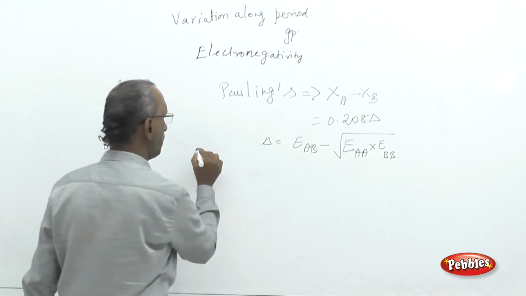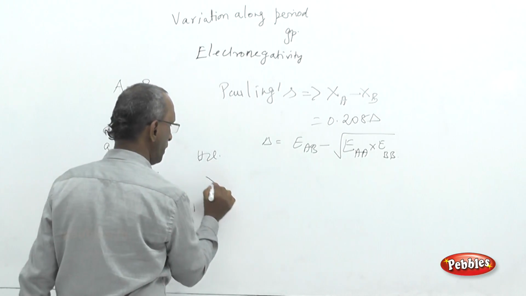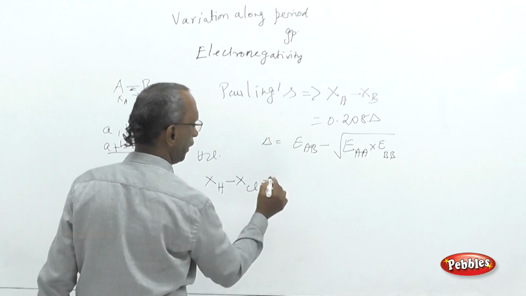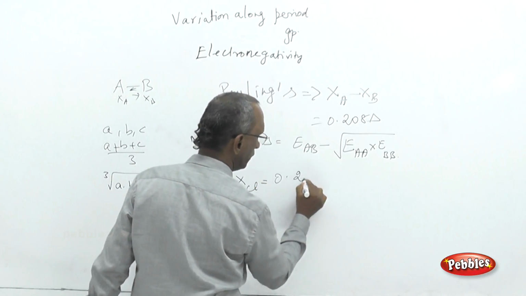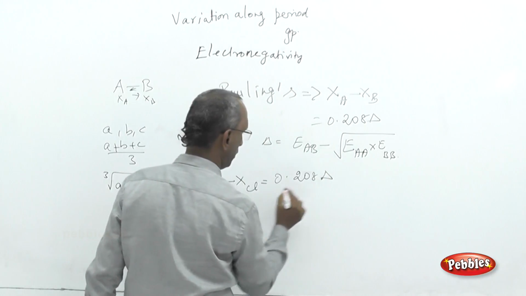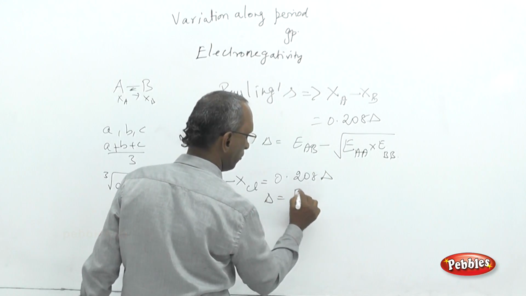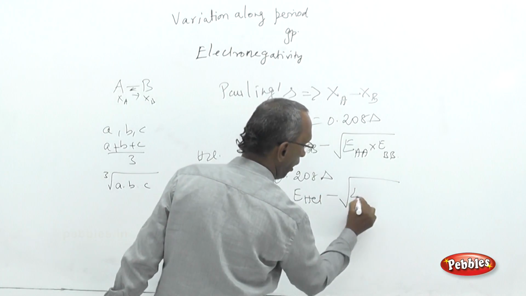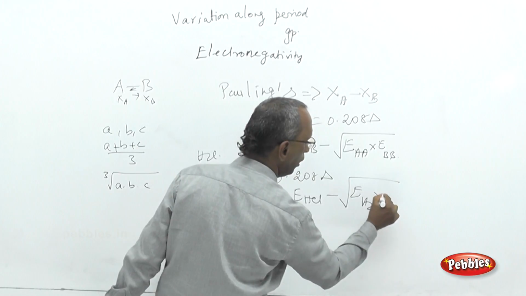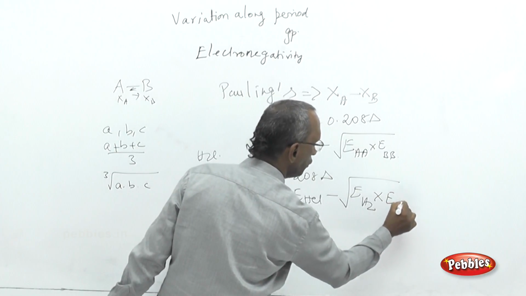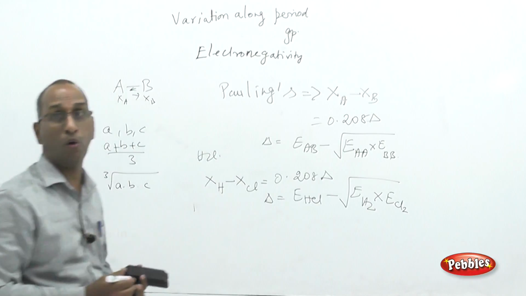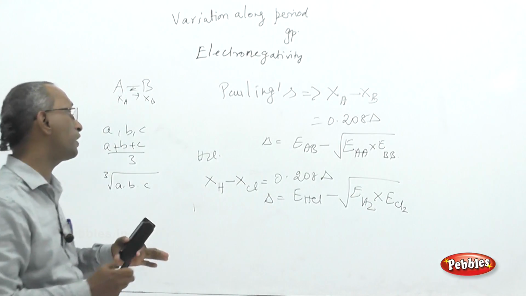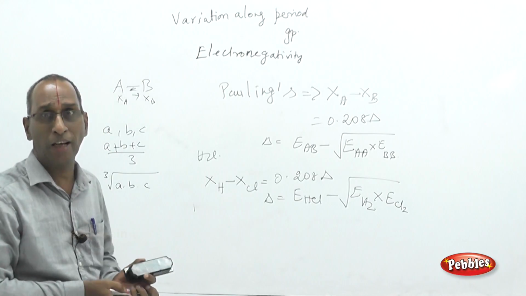You can illustrate with the example of HCl: XH minus XCl equal to 0.208 delta. Delta is defined as the bond energy between hydrogen and chlorine minus the square root of the bond energy of the hydrogen molecule into the bond energy of the chlorine molecule. This is given by the difference in electronegativity. So this is Pauling's scale of electronegativity.